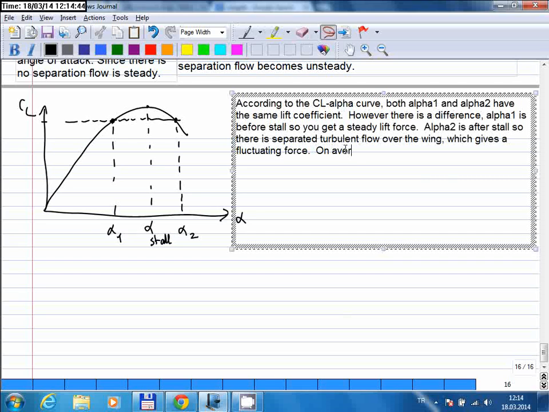On average you get the same force, but it will be a fluctuating force, and hence it will cause the aircraft to shake.